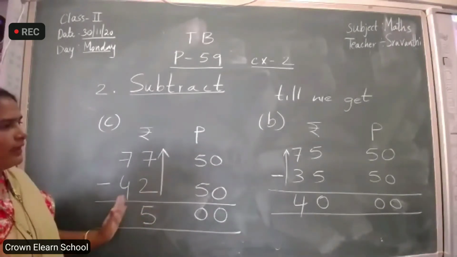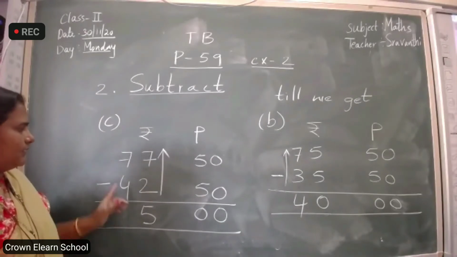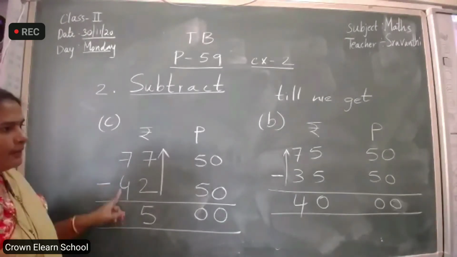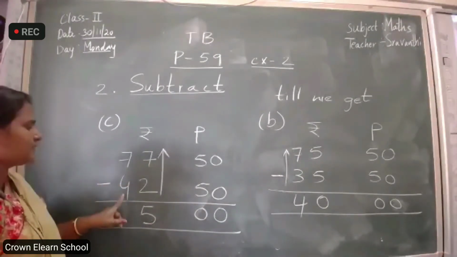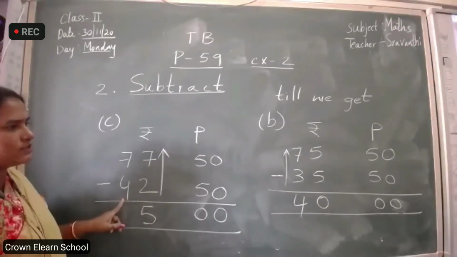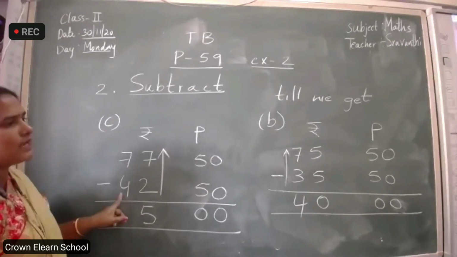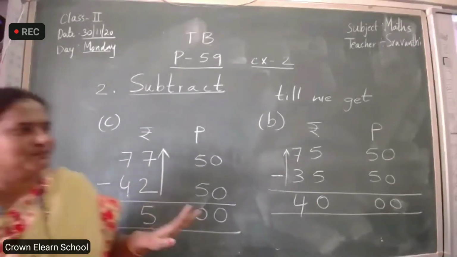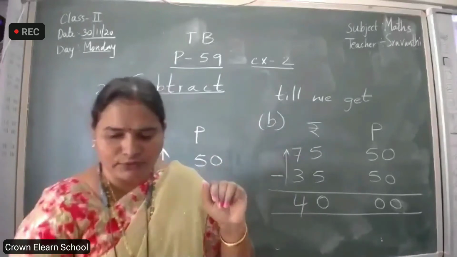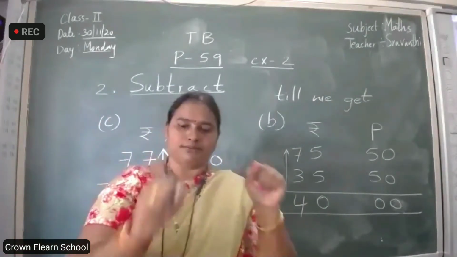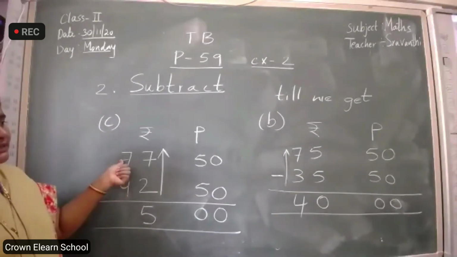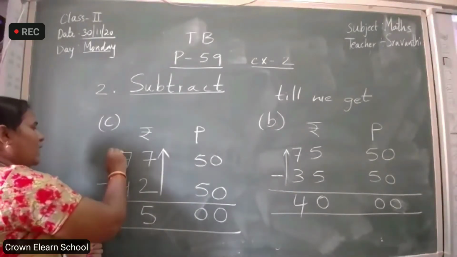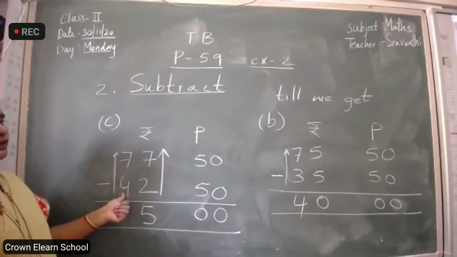In the same way, let us subtract the digit in the tens place. 7 minus 4. Okay, start from 4 now. Close all fingers, all of you. 4 after, till you get 7.